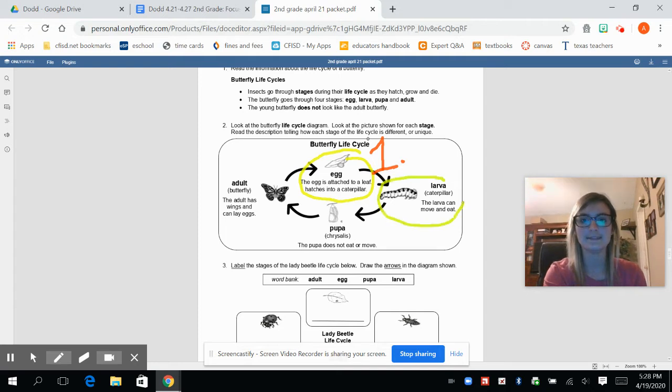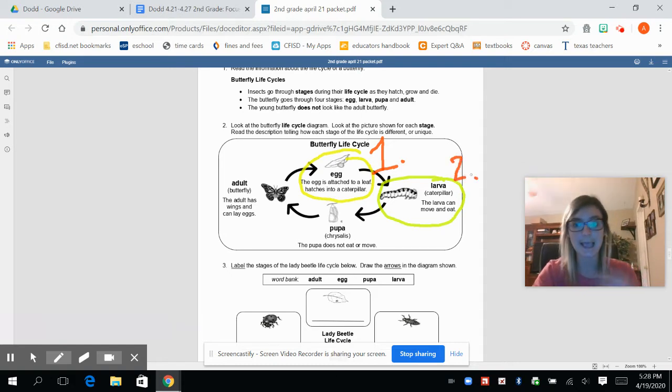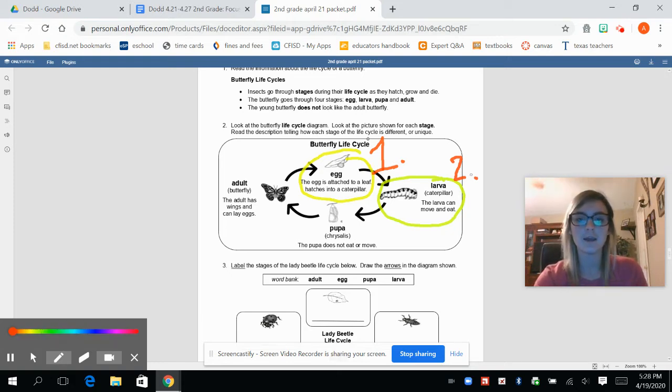So in step two, we have the caterpillar, which is also called a larva. The larva can move around and eat different things. So then the caterpillar goes through a change.